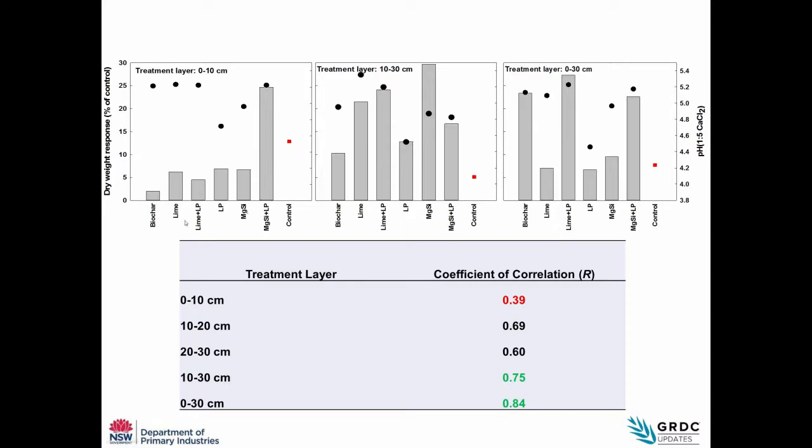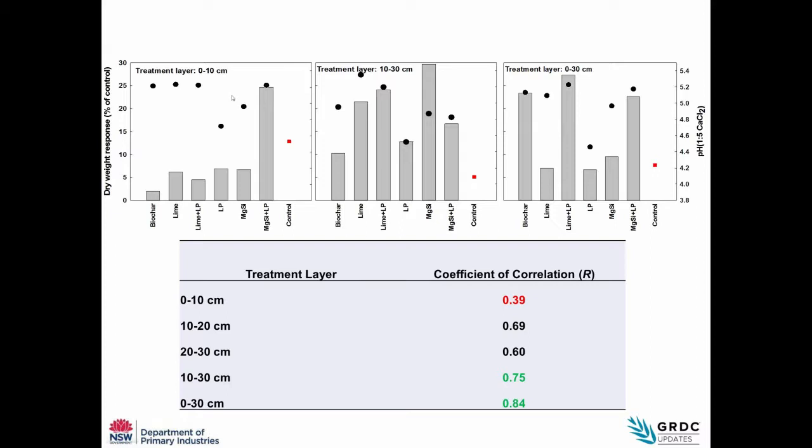The idea of having an inorganic amendment plus lucerne pellet is to see if we get an additive effect. The black dots are the changes in pH, and the control pH is that red square. The effect on pH, with the scale on the right-hand side, is represented by those circles.